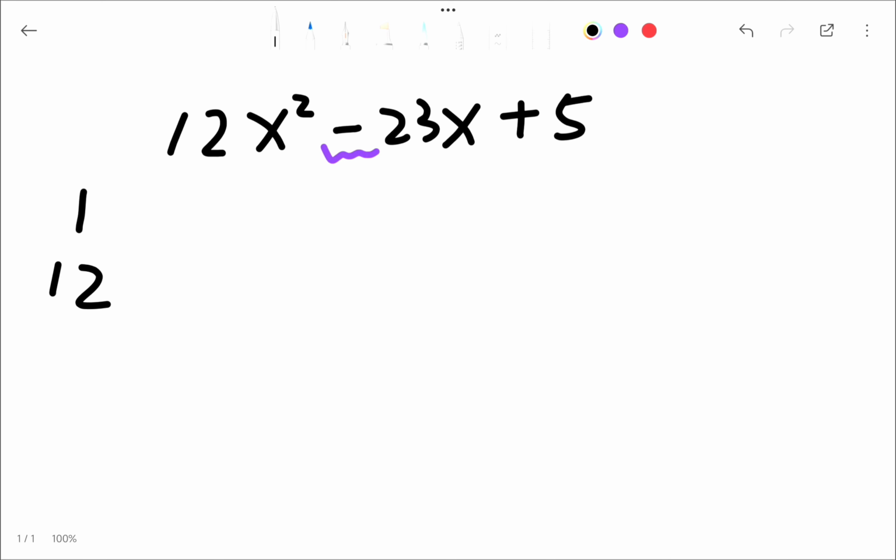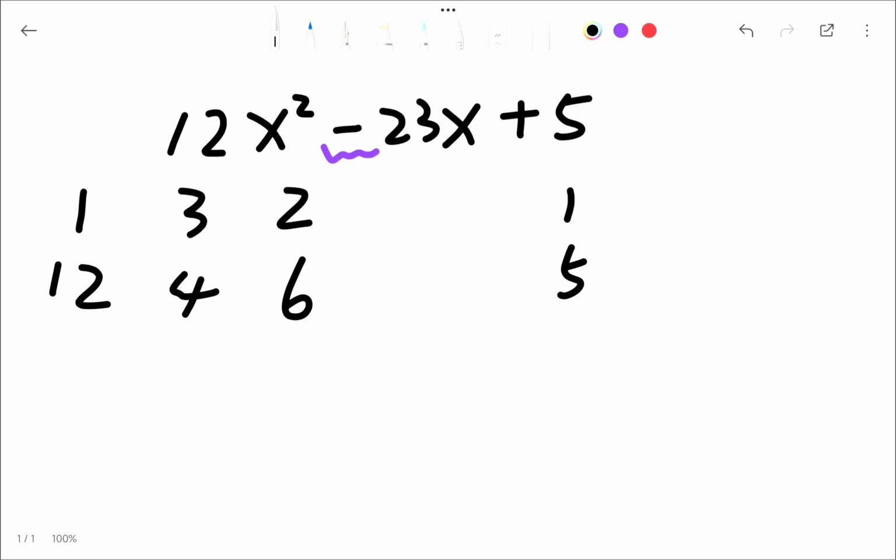It could be 1 and 12, or 3 and 4, or 2 and 6. And then let's take a look at the factors for C. Looks like there's only one combination, that's 1 and 5. All right. And we can always switch the position of 1 and 5 if we need to.